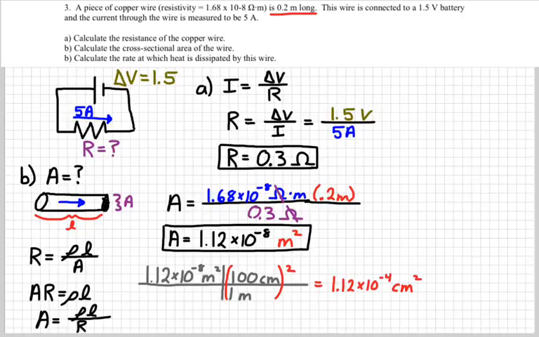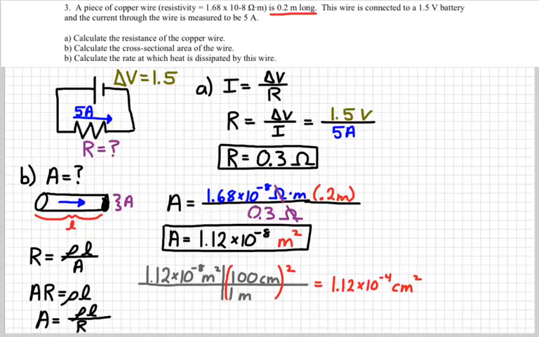That's still a pretty small number, but a centimeter squared would be like the size of a postage stamp, approximately. So that's a perfectly reasonable value, a thousandth of a postage stamp area for the area of a copper wire. So we got a reasonable answer.